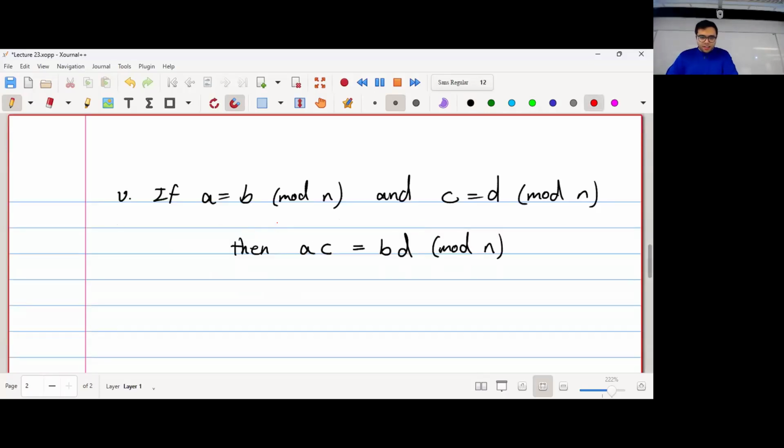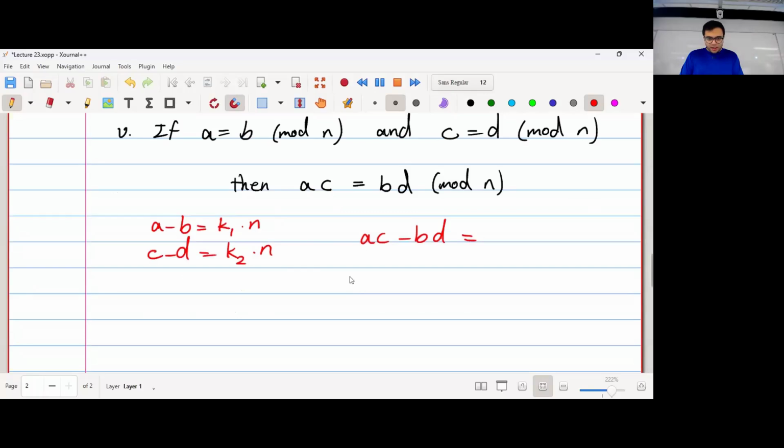So a equals b modulo n. What does that mean? It means that a minus b is some number, let's call it k1 times n. c is equal to d, so c minus d is some number, let's call it k2 times n. Now I want ac minus bd. How can I write this so that it becomes a multiple of n?